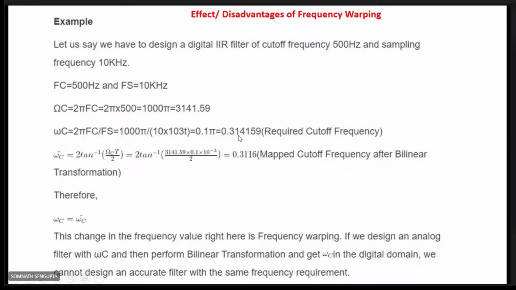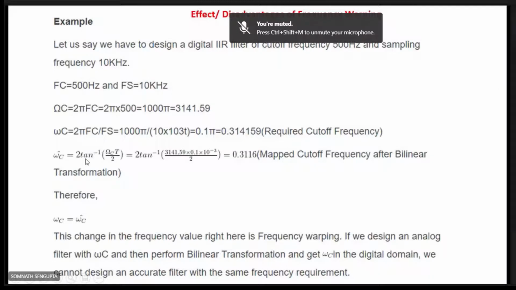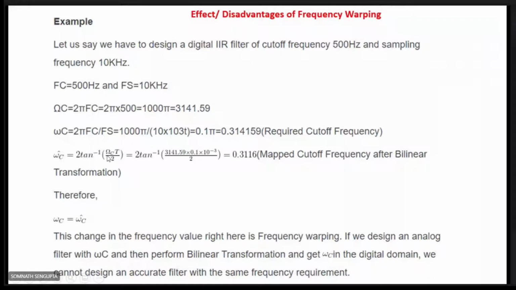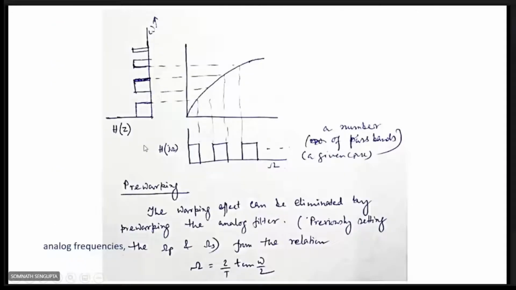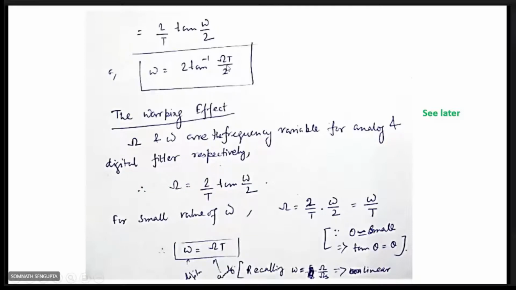Now according to the bilinear transformation, what should the digital frequency be? The digital frequency is 2 tan inverse of omega c T by 2, according to the formula.